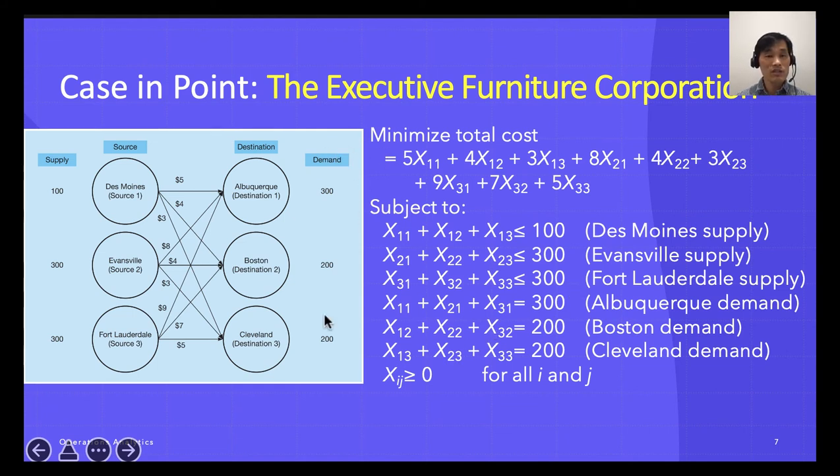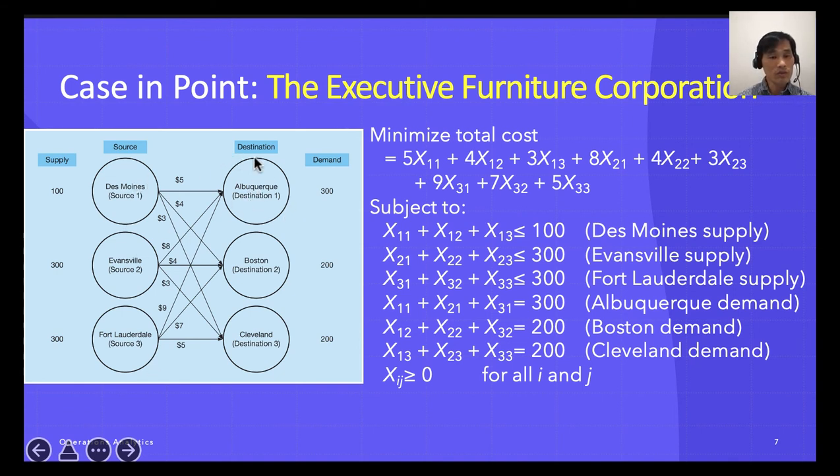Now let us look at the demand. Demand has to be met. It cannot be neglected at all. So we realize that for Albuquerque, its demand is 300, and the shipment can be received from three places, for example, Des Moines, Evansville, or Fort Lauderdale. These are the three places you can receive the order.